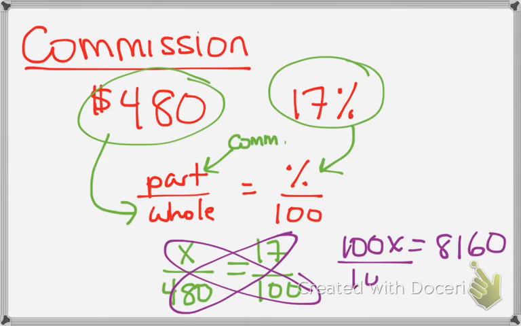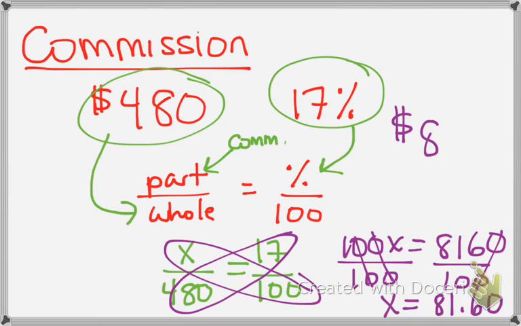Okay, dividing by 100 is pretty easy because that's 816 divided by 10. When you divide by 10, you just move it over one place. So 81.6. Remember, it's money, so we go to the hundredths. So this means I make $81.60 for selling $480 worth of furniture.